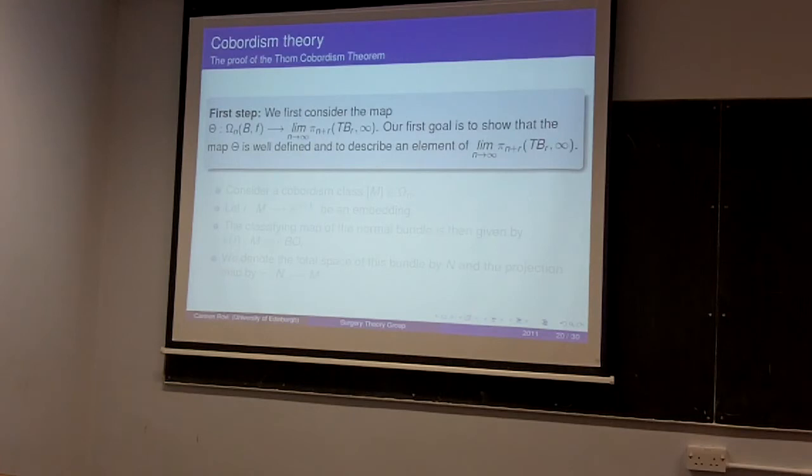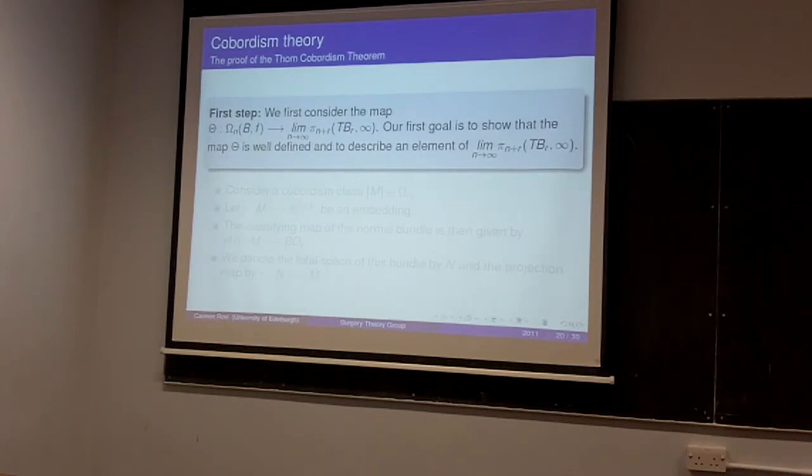To show that it is an isomorphism, I'm going to split up the proof into 4 different steps. First of all, I need to see that we in fact have an element of this stable homotopy group, because if we don't find an element, then we are in trouble. After that, we need to see that it is in fact a homomorphism.